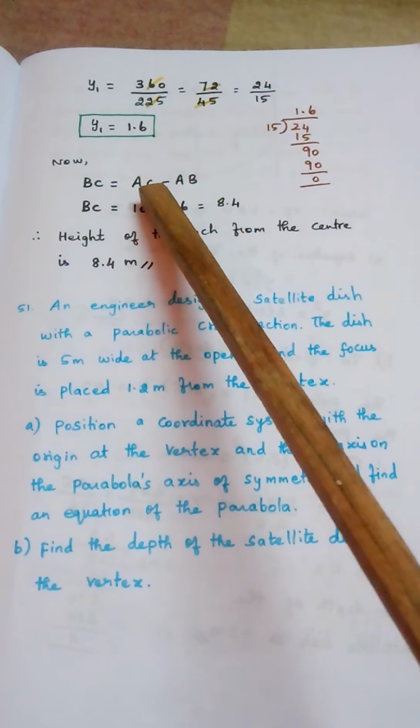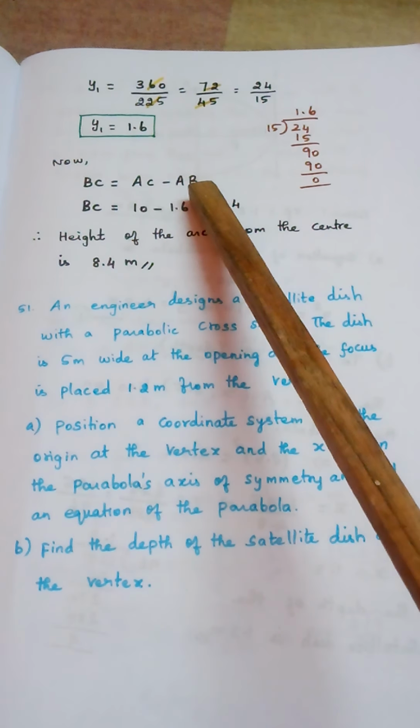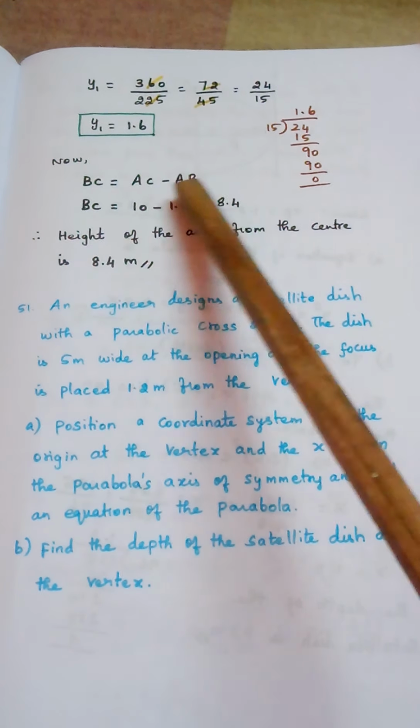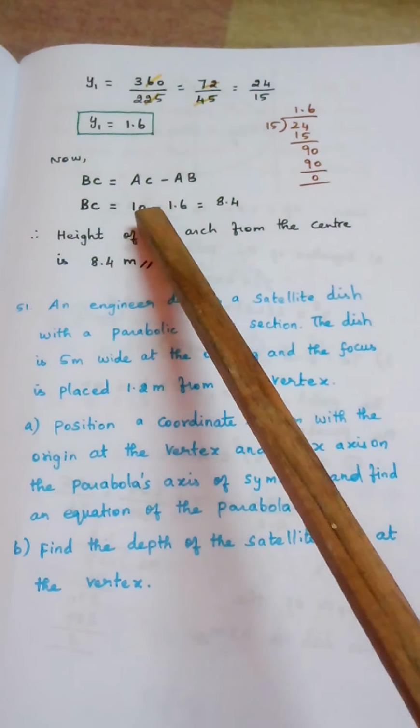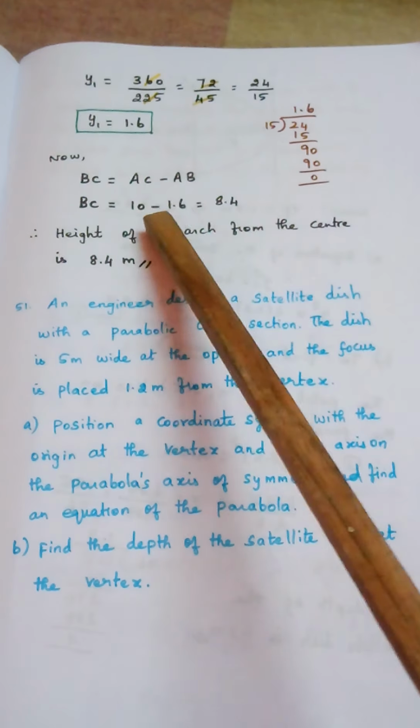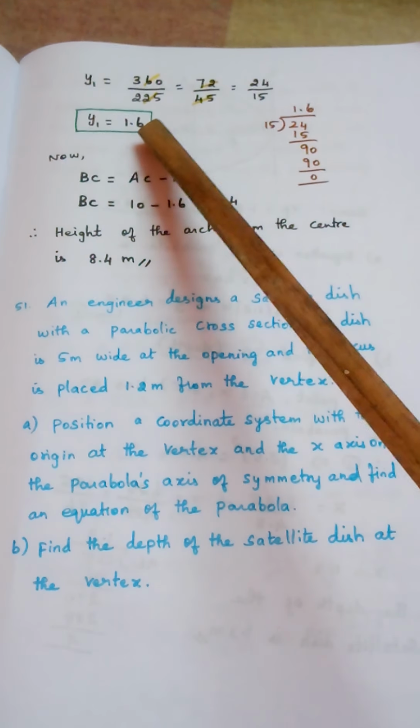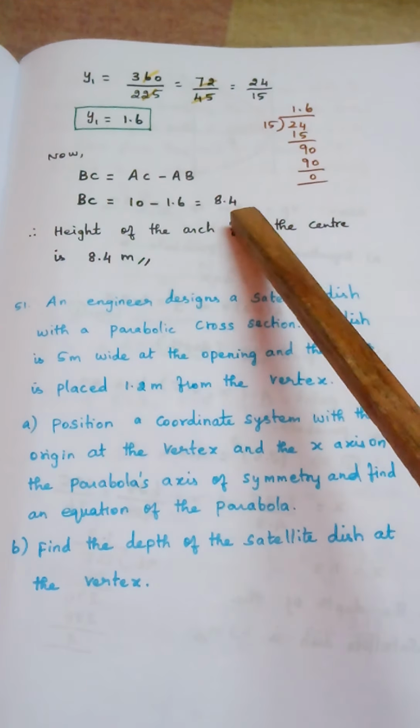AC is nothing but the total length, that is 10. AB is nothing but the dotted lines. So actually we need to find what? BC. So BC is equal to the total length 10 minus the AB value, just now we got y1 which is 1.6, so 8.4.